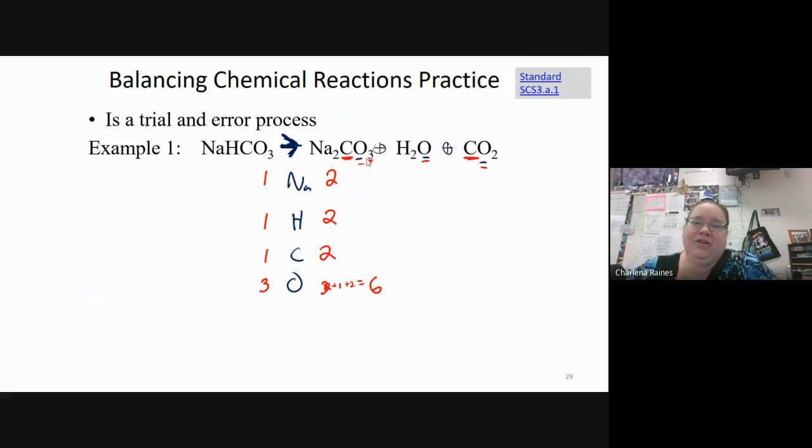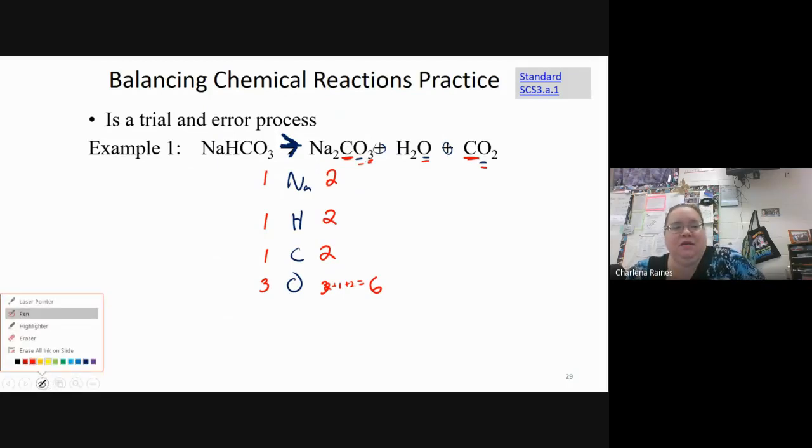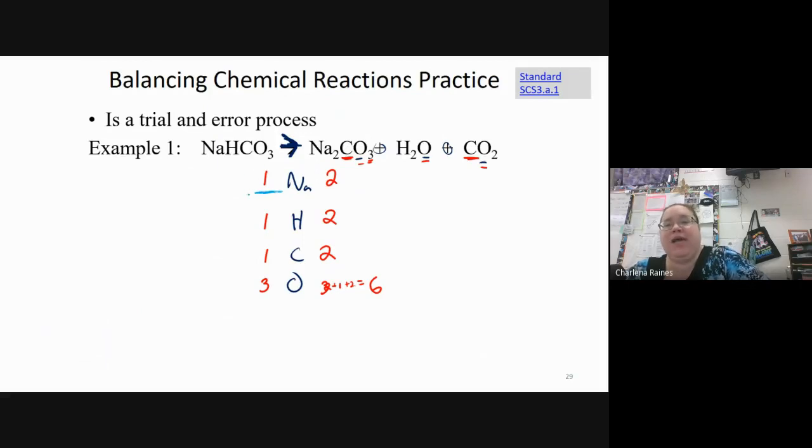So I look and I see what doesn't balance. Well, nothing balances. My general rule of thumb says to leave my H's and O's until the end. I'm going to start with my Na. Well, in order to fix my sodium, I know I need more sodium on the left side, my reactant side. My least common multiple is 2.